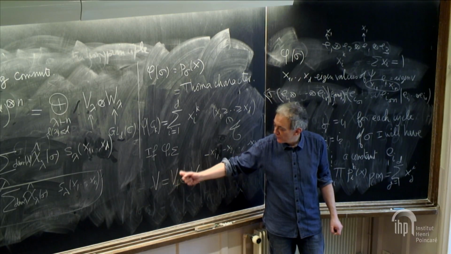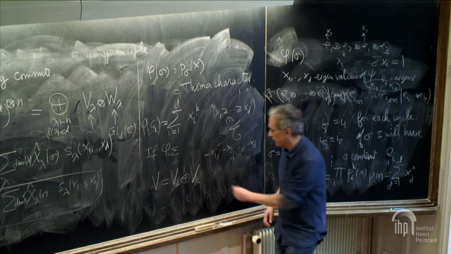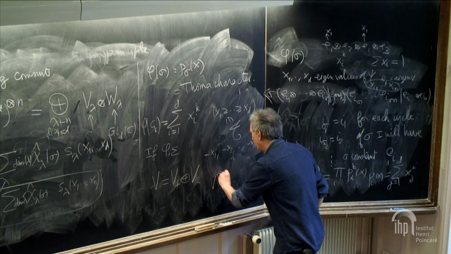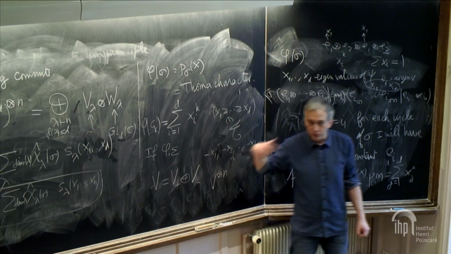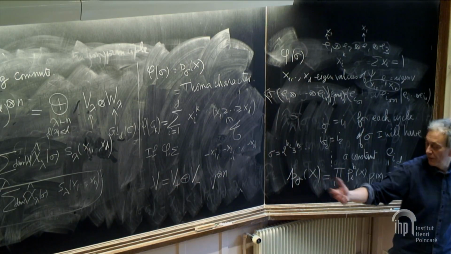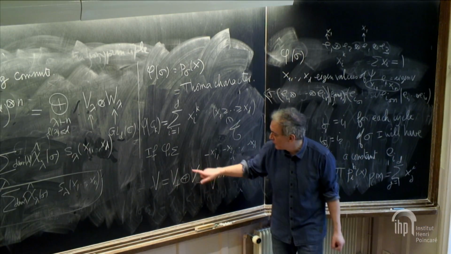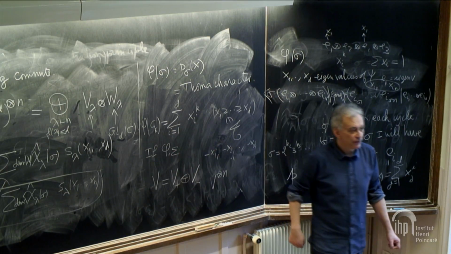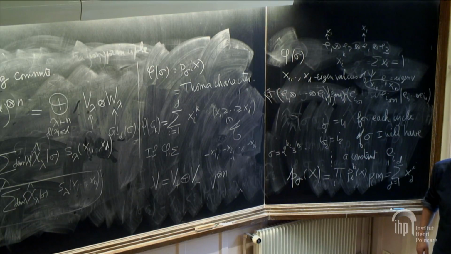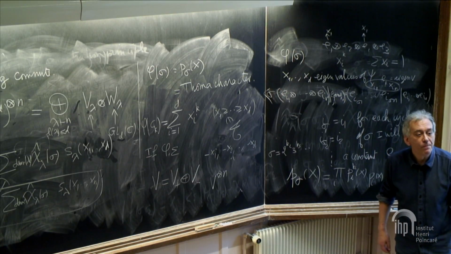You take the tensor product. On the copies of V plus, you let the symmetric group act, and on the copies of V minus, you let the symmetric group act with the signature.